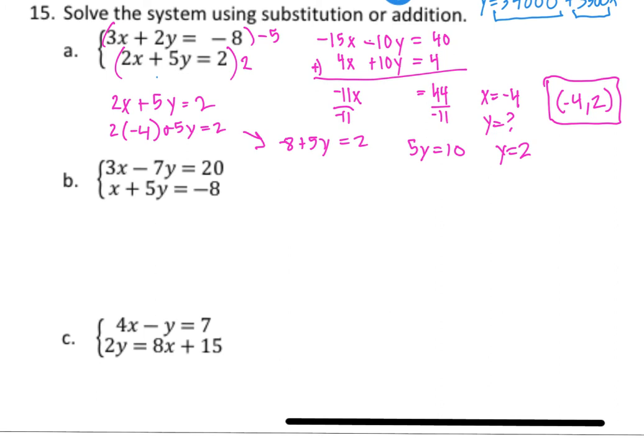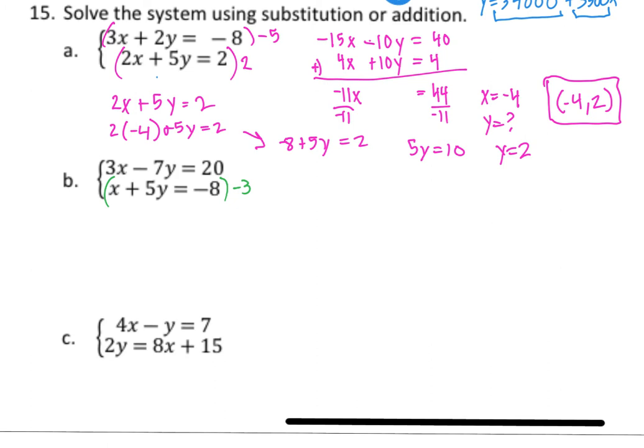Alright, so in this case, there's a couple options here. We can get rid of the x's by just multiplying the bottom by negative 3. Or the y's are on opposite sides, which is kind of nice, so then we can multiply the top by 5 and the bottom by 7. I think the easiest thing to do though is just multiplying that bottom one by negative 3.